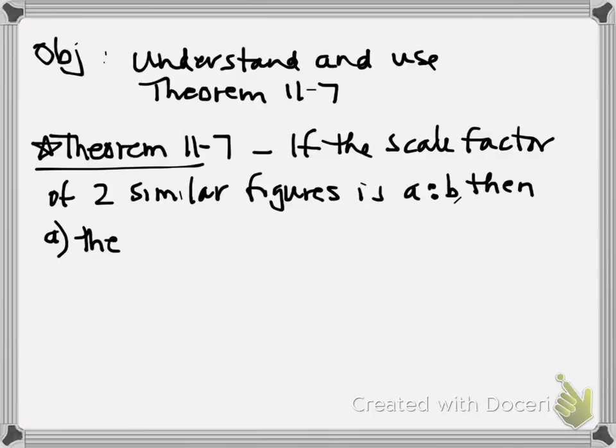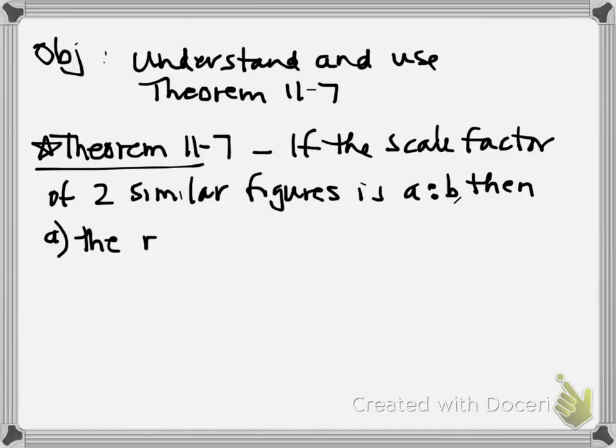Now, if we're talking about something one-dimensional like perimeter, we get one scale factor. If we're talking about something two-dimensional like area, now we're going to get the scale factor squared. So what dimension of object you are talking about determines the exponent you take the scale factor to.